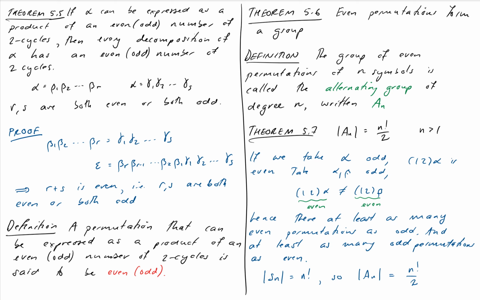Okay, so that's about all I want to say about permutations. Key information is that you need to know how to, let's just write this down. You need to be able to express a permutation in disjoint cycle form.